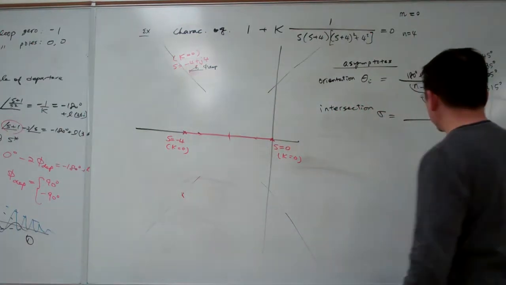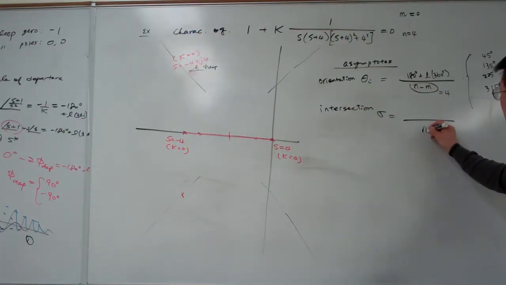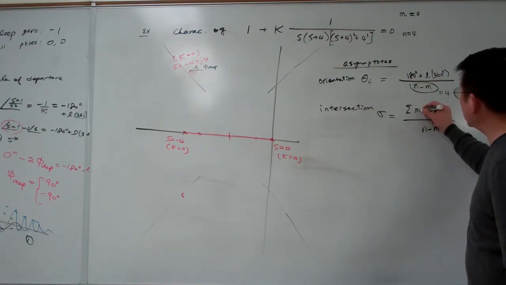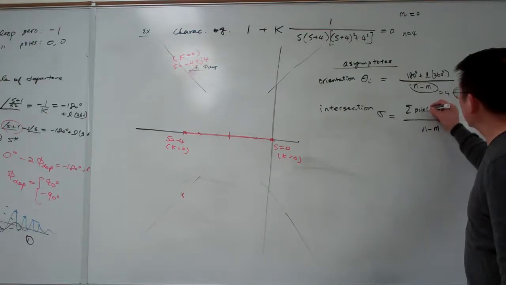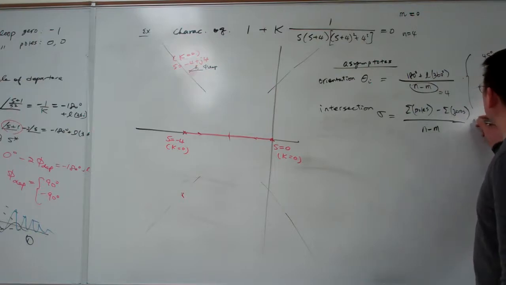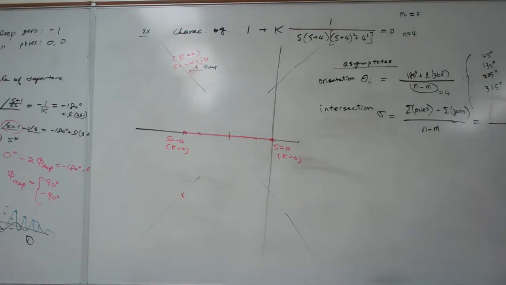The intersection formula is, again, the summation of the poles minus the summation of the zeros, divided by n minus m. I forgot that one because I tried to catch up on time, otherwise I could redo it from the beginning. So that is n minus m, which is 4, and the summation of the poles is 0, and minus 4, and minus 4 plus j4, minus 4 minus j4.